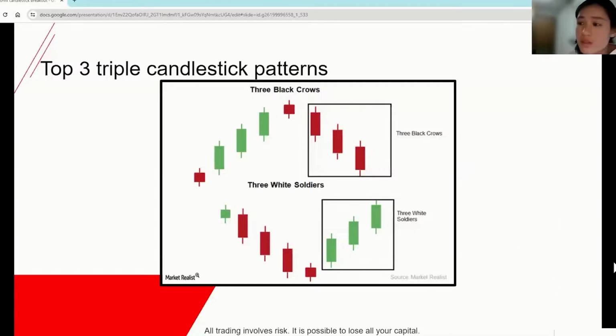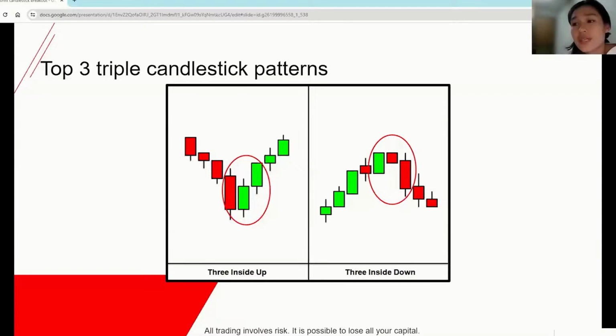Okay, so next we have the 3 inside up and the 3 inside down. Again, this is quite difficult to find, I think. I think this formation is quite popular, and quite difficult to spot.